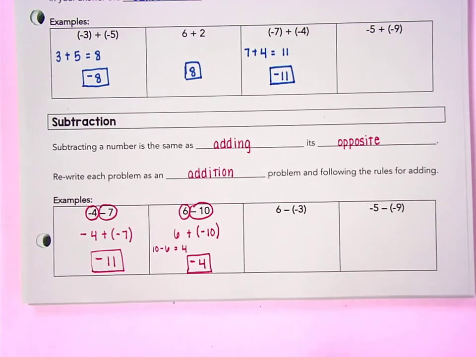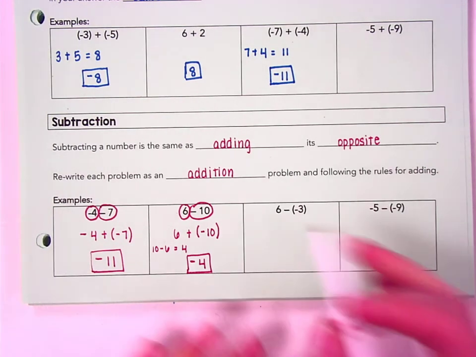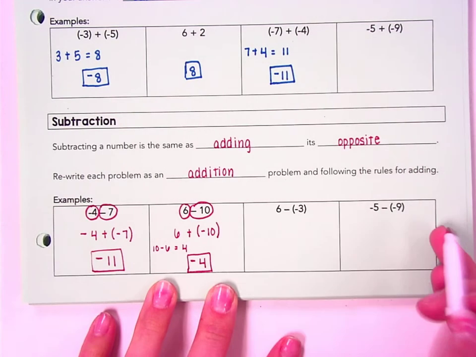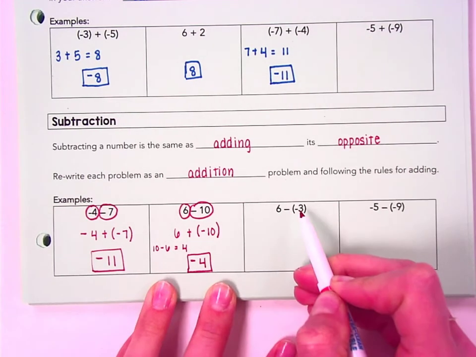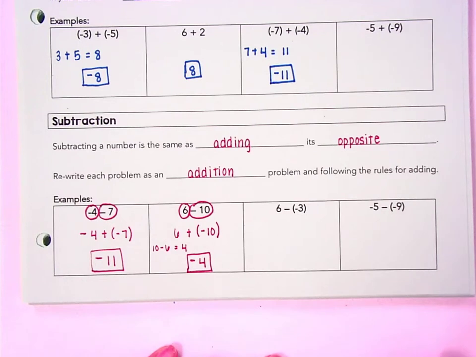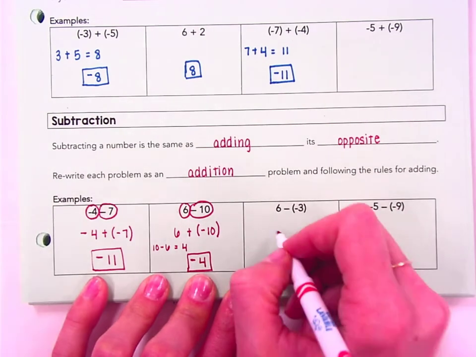These next two are special situations in subtraction where we're really subtracting a negative, or what we might call a double negative. We're going to look at this again in two different ways. Because subtracting is the same as adding its opposite, in this case, 6 minus -3, we know we're subtracting -3. So the opposite of subtracting -3 is adding +3.